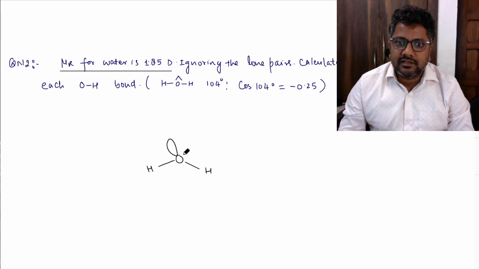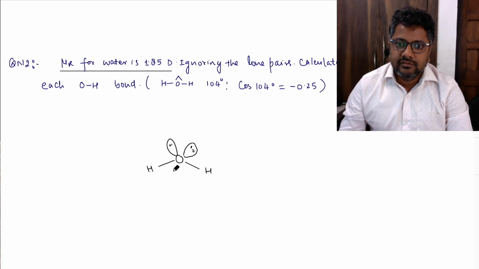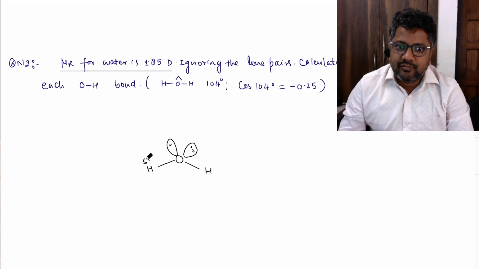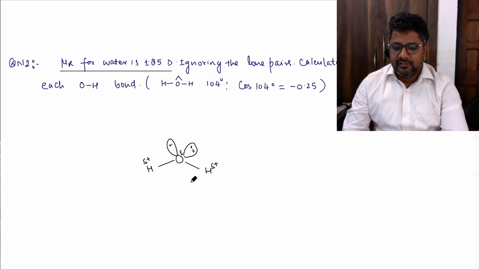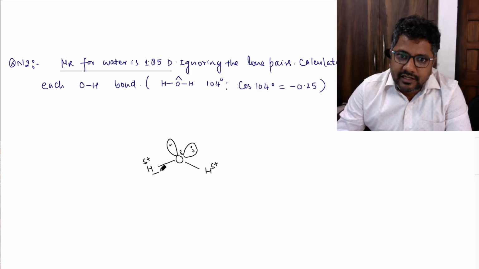So these are the two lone pairs. See, this is delta positive, this is delta positive, and this is delta negative, right? So the direction of the dipole is this. This bond dipole is this.